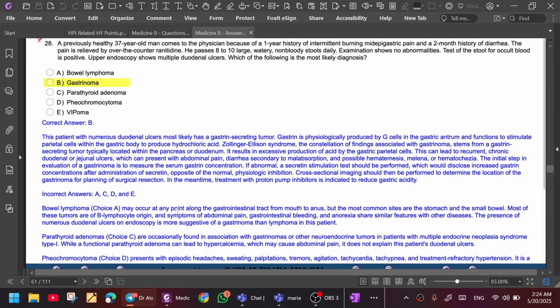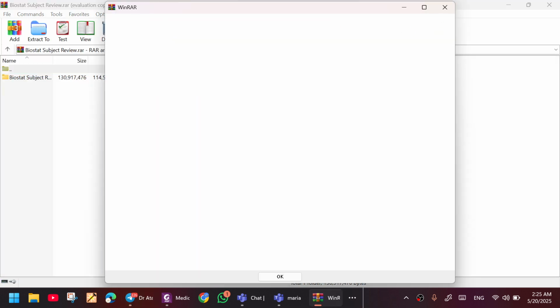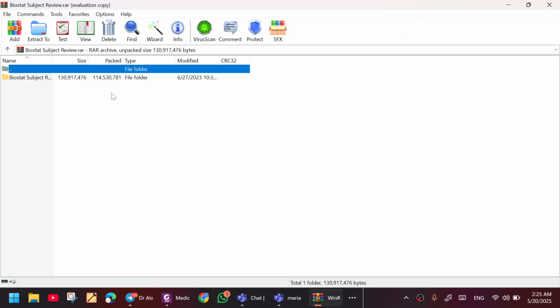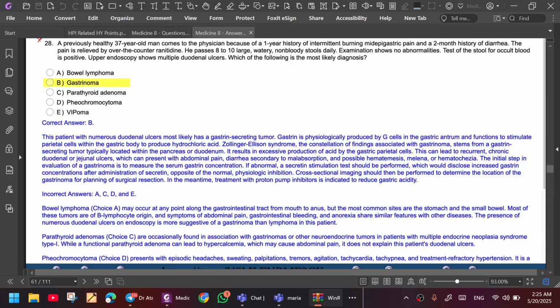Cross-sectional imaging should then be performed to determine the location of the tumor for surgery. In the meantime, treatment with PPI is indicated to reduce gastric acidity. It's not E because VIPoma is a rare tumor associated with MEN, multiple endocrine neoplasia, that produces VIP.